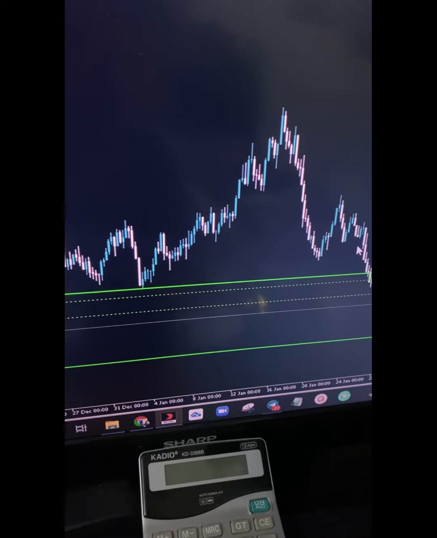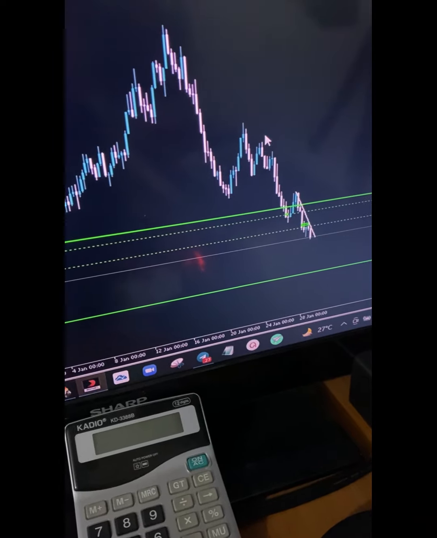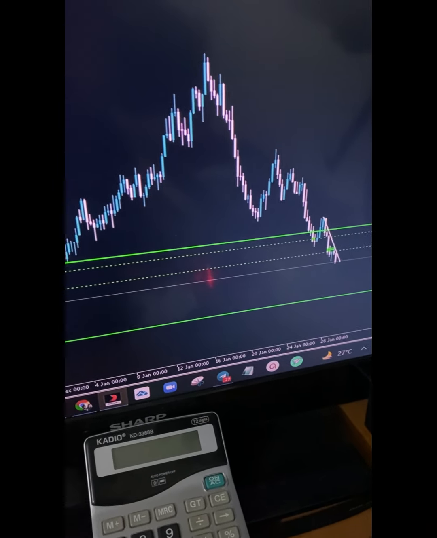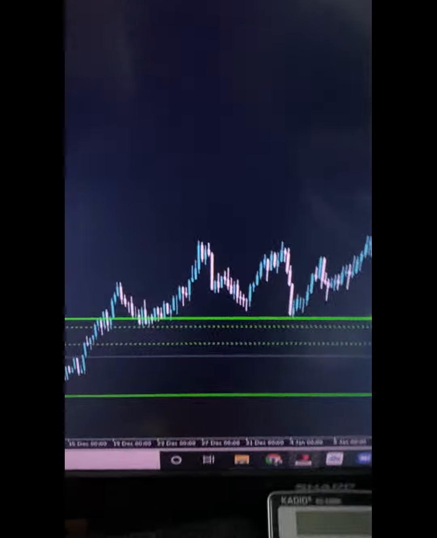I'll take you straight to my phone for better view and understanding, because the strategy is even more effective on the phone.